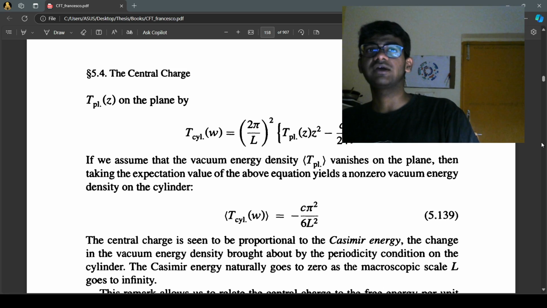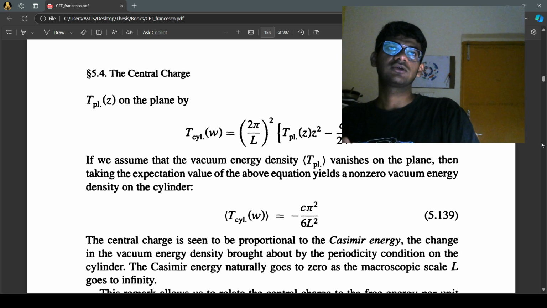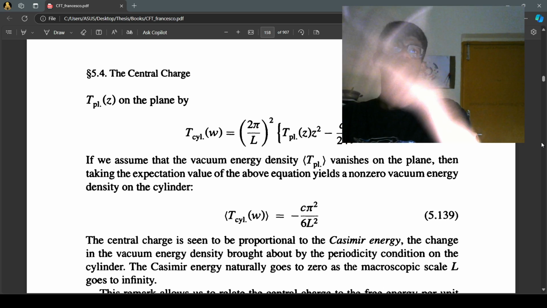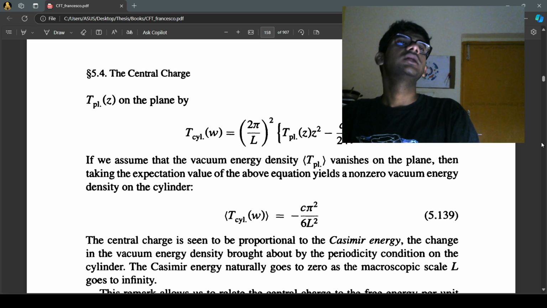Similarly, you can define a vacuum energy density. These correlation functions are basically the vacuum expectation value. So the vacuum expectation value of the EM tensor gives you the energy density, right? So energy density on the plane, you sort of expect it to vanish. Okay, which it doesn't in the new mapped theory.